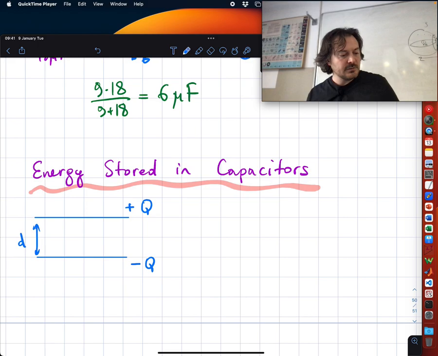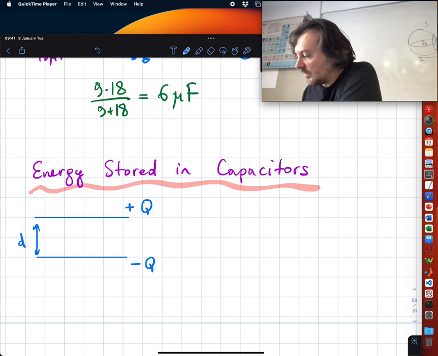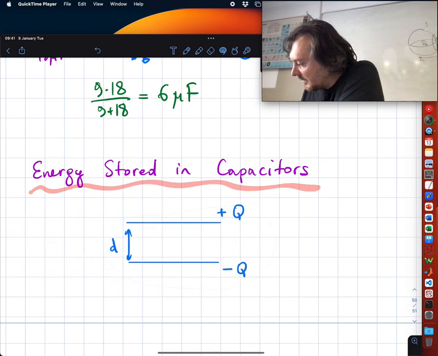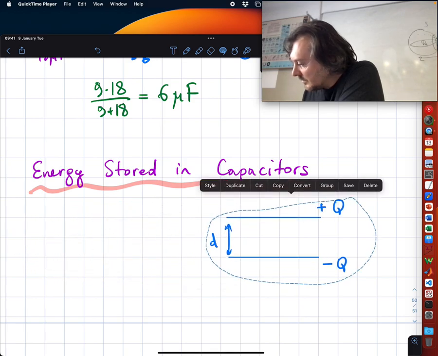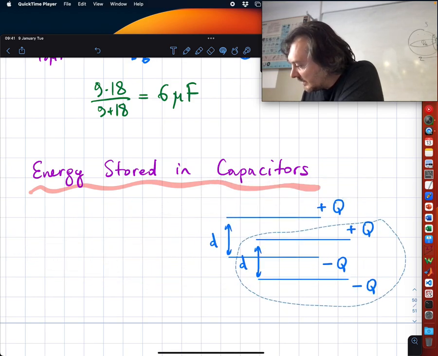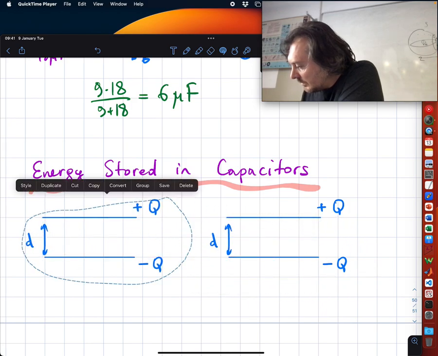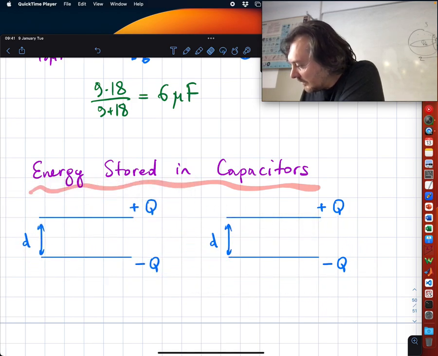But of course, it hasn't been that way all along. It used to be 0, then we have arrived at this point. So let me just take this one over here, duplicate it. We went there slowly, right?